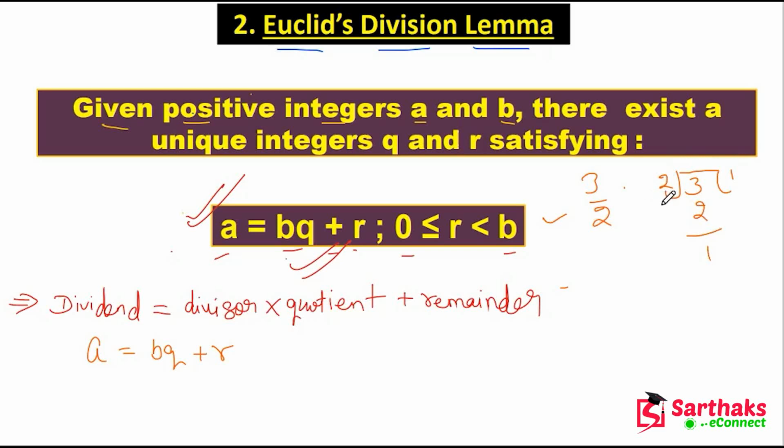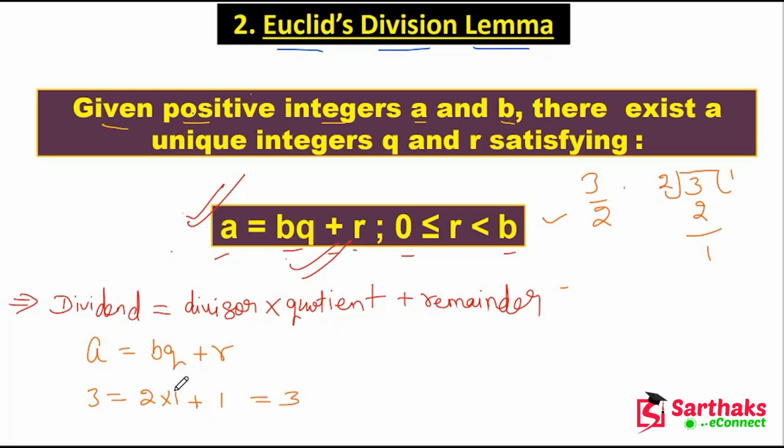If we verify this relation, 3 equals b, which is 2, times q, which is 1, plus the remainder, which is also 1. If we solve it, 2 into 1 is 2, plus 1 is 3. So LHS is equal to RHS. Done.